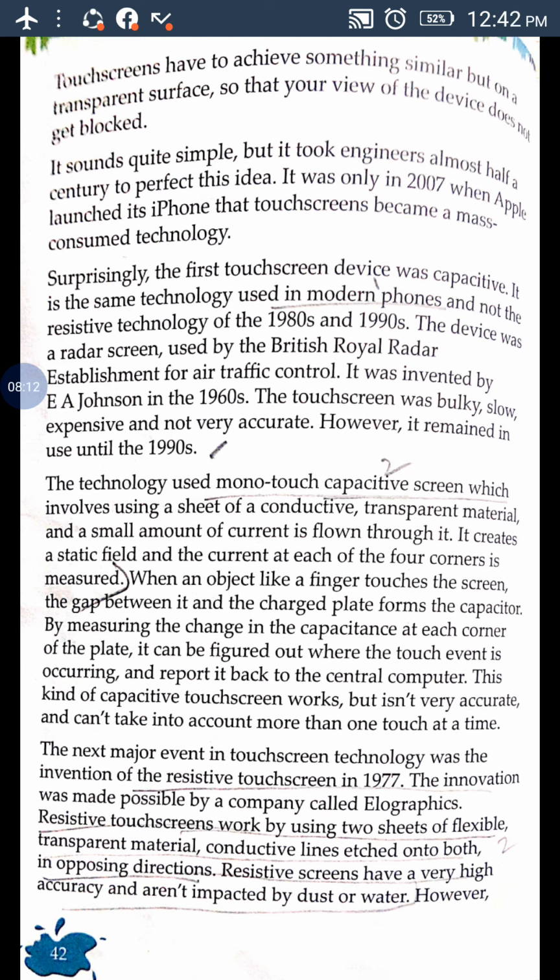Nowadays you all just touch the screens to answer questions, those of you having online classes.